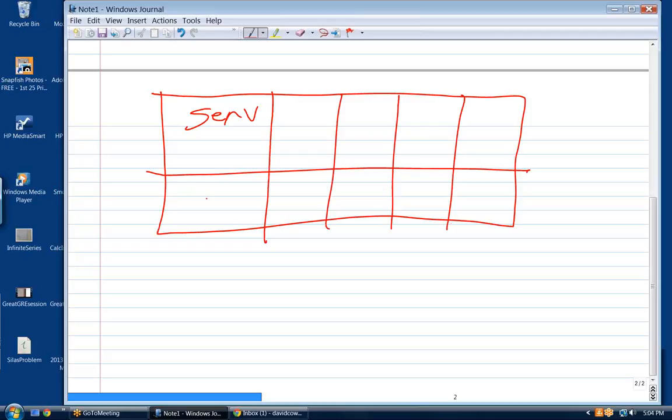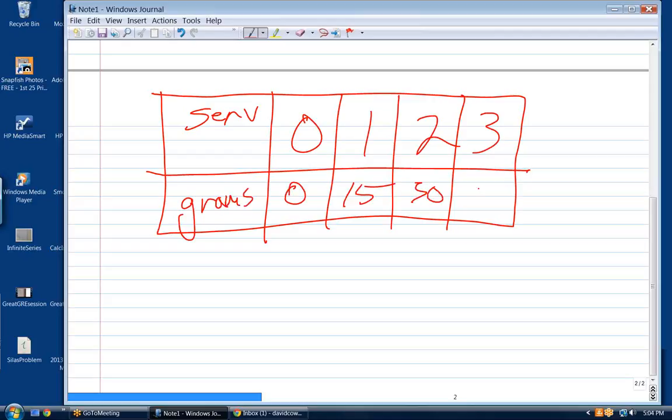It goes 0, 1, 2, 3. And on the bottom it's grams of protein. It goes 0, 15, 30, 45.